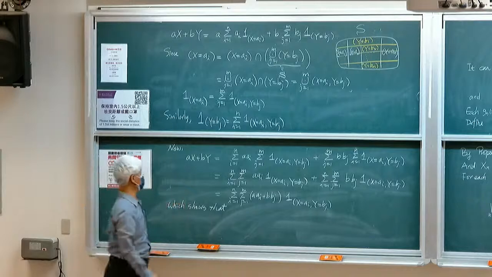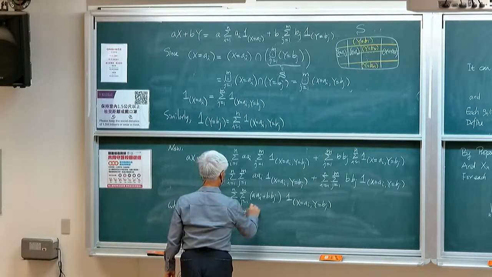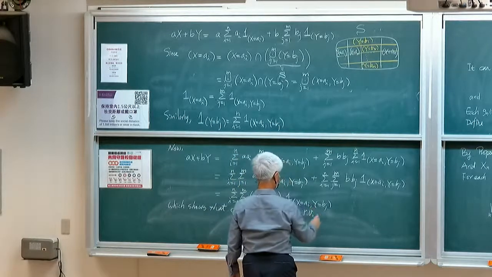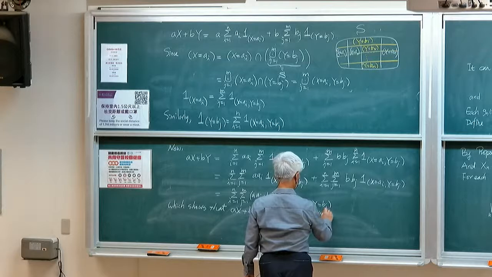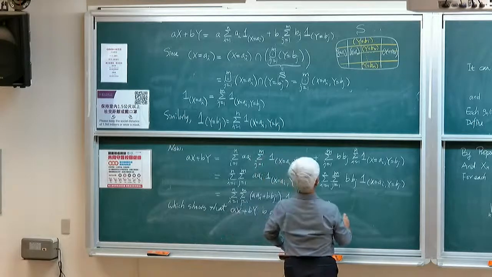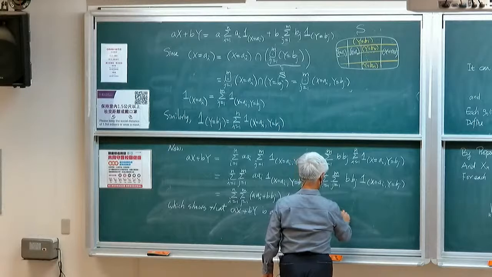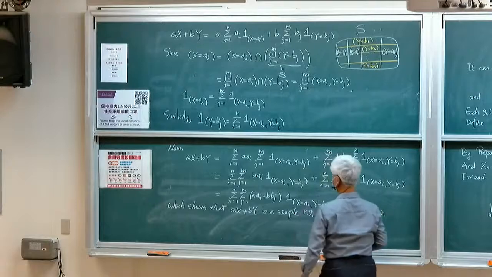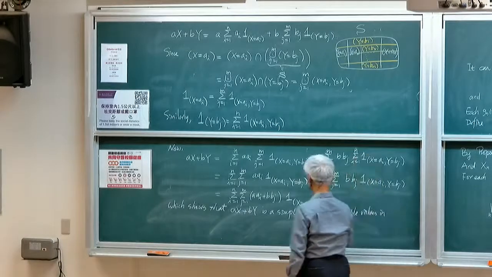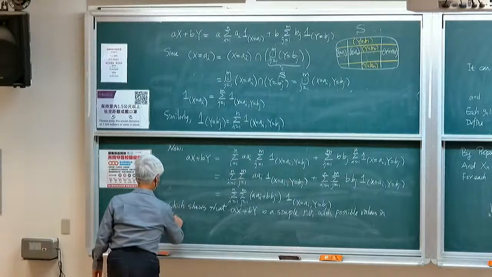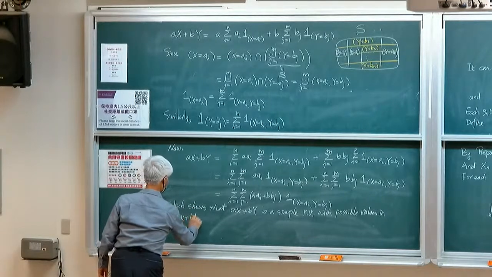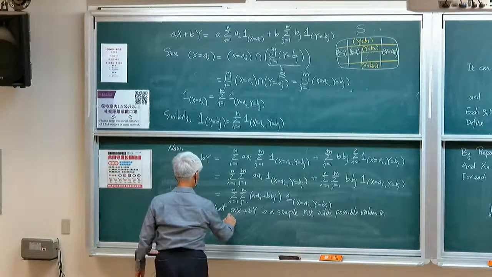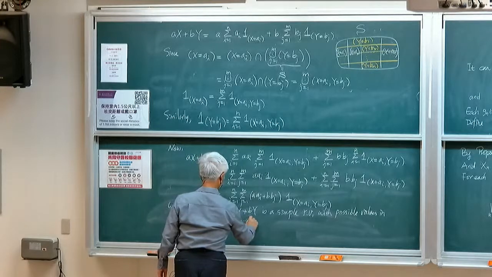ax plus by is a simple random variable with possible values in the set a_i plus b_j for i from 1 up to n, j from 1 up to m.